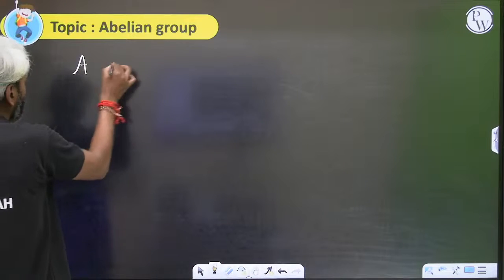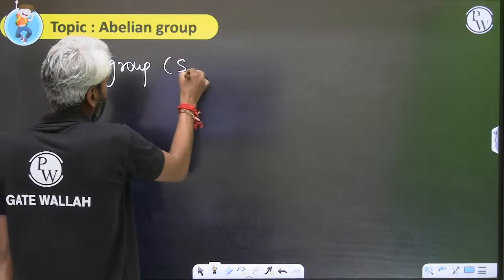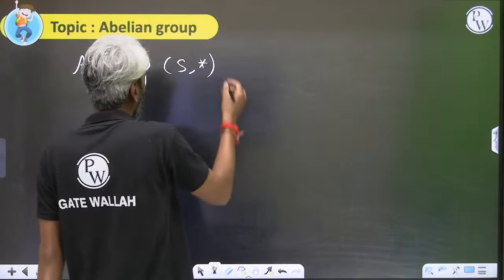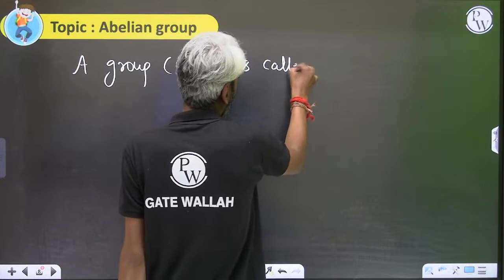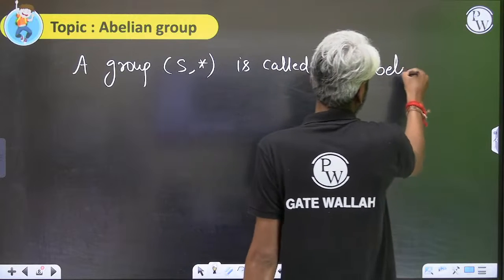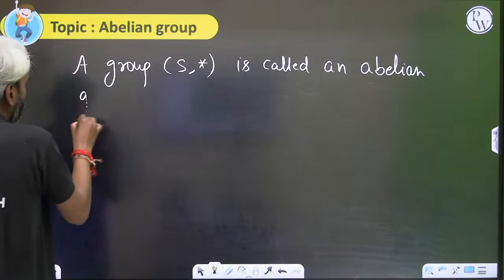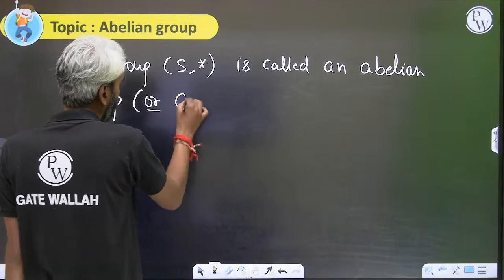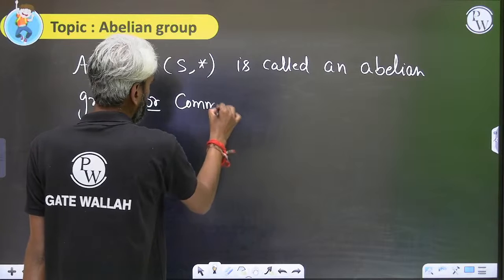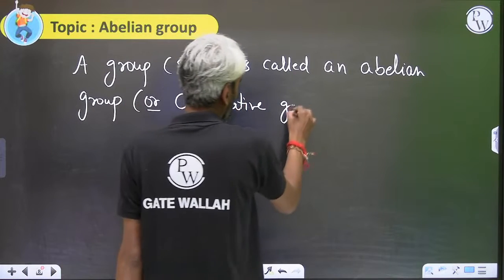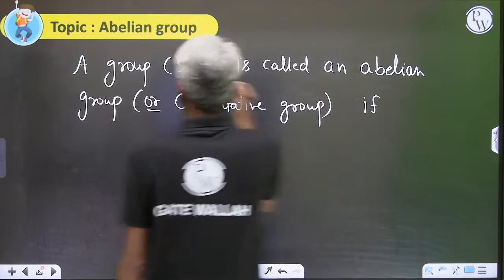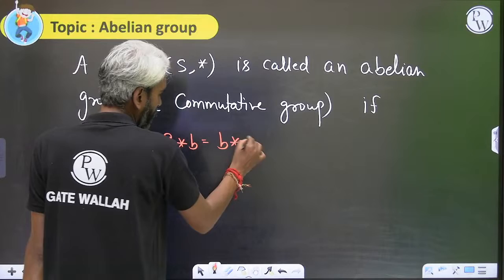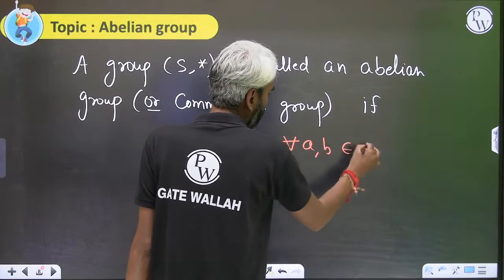So a group S comma asterisk, meaning four properties are already satisfied, is called an abelian group, or commutative group, if A asterisk B is equal to B asterisk A for all A and B belonging to set S.